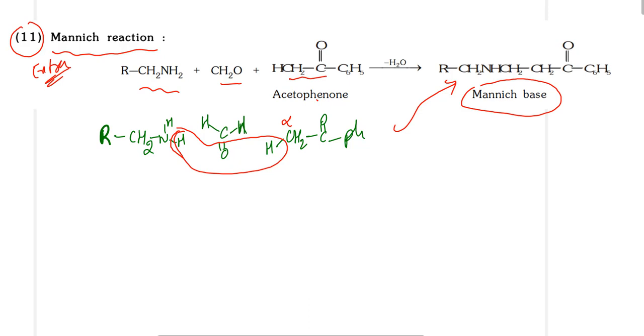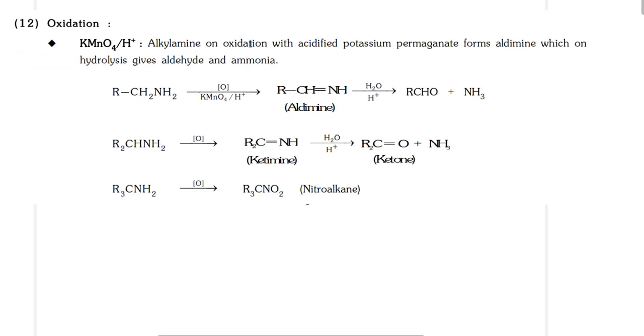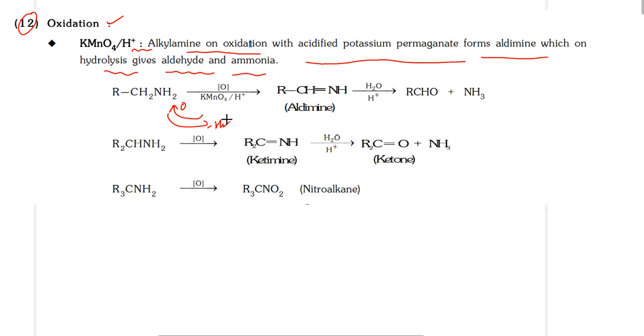Next, oxidation reaction. KMnO4 is a strong oxidizing agent, we know that. Alkyl amine on oxidation with acidified potassium permanganate forms aldimine, which on hydrolysis gives aldehyde and ammonia. See, oxidation generally means what? Insertion of oxygen or removal of hydrogen, right?